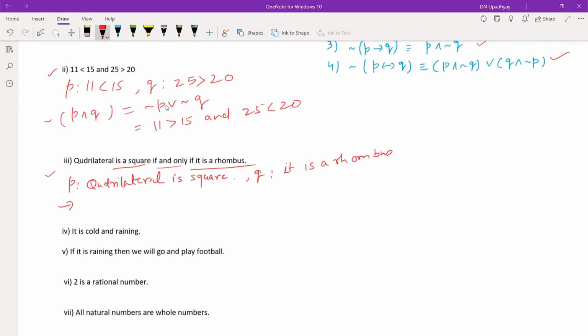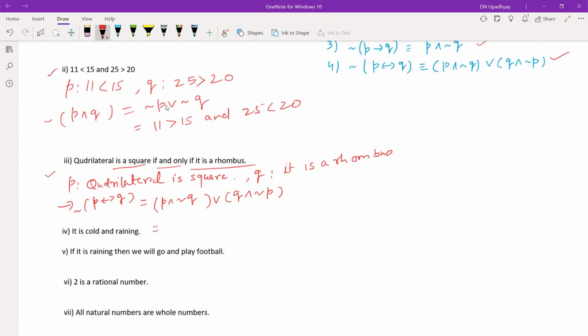So what is the symbolic way? P if and only if Q, and negation of this is nothing but P and negation Q or Q and negation P.